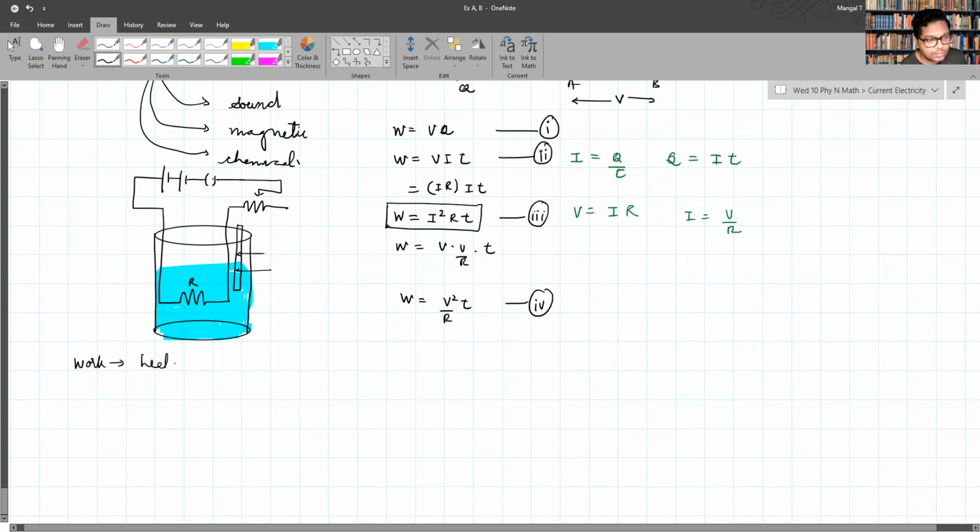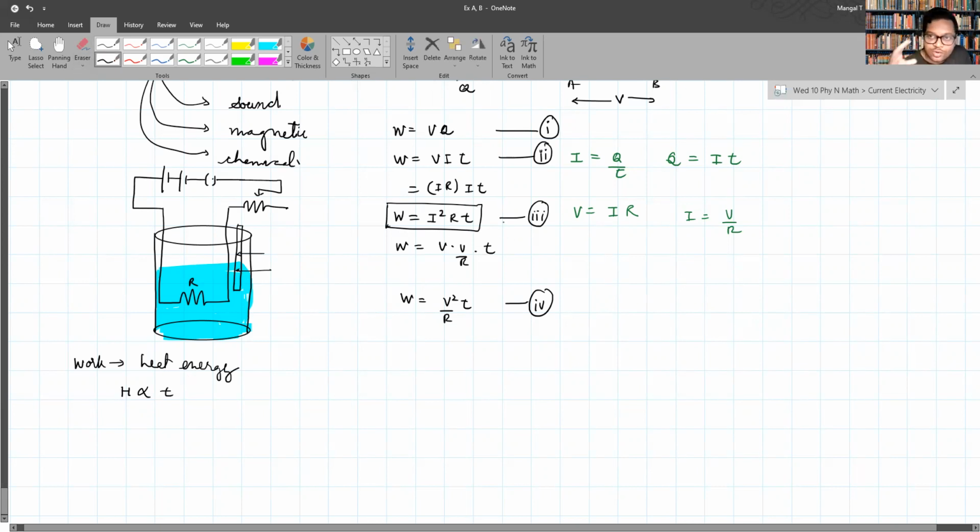Okay, so the geyser that we have in the bathroom, which is making the water hot, does have a resistor like this inside it. So that resistor heats up the water. So here what we see is if you keep it on for a longer time, the water does get heated. Okay, so that talks about T.